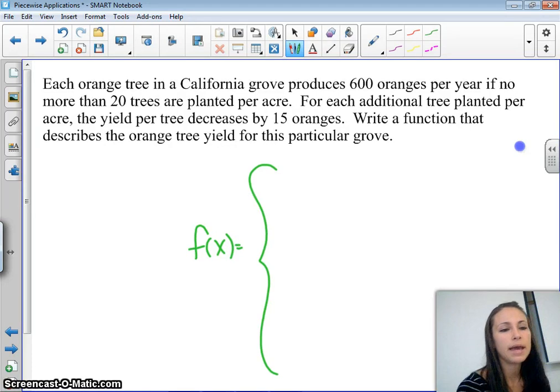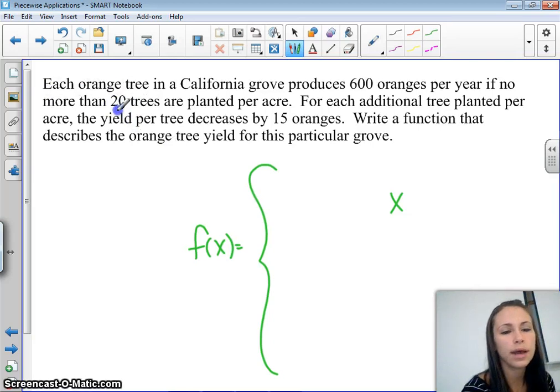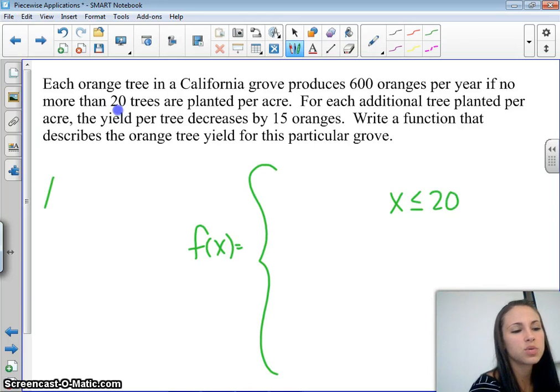Now, my x is going to be, let's look at our categories first so we can figure out what x is. It says no more than 20 trees are planted. So this x would have to be less than or equal to 20. And x would have to represent the number of trees planted per acre.